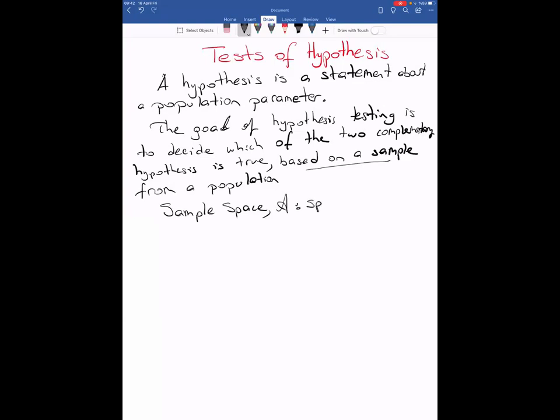So the space of sample values. This is the general definition. I'm using lowercase letters for observed values of the sample, the set of all possible outcomes, values of our sample random variables.